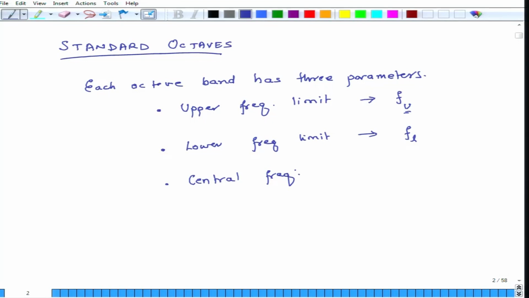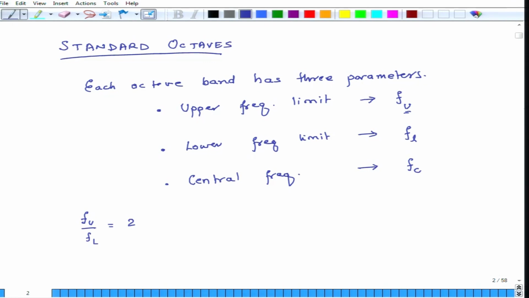There is a mathematical relation between all these 3 parameters. FU divided by FL is 2, as an octave should be.